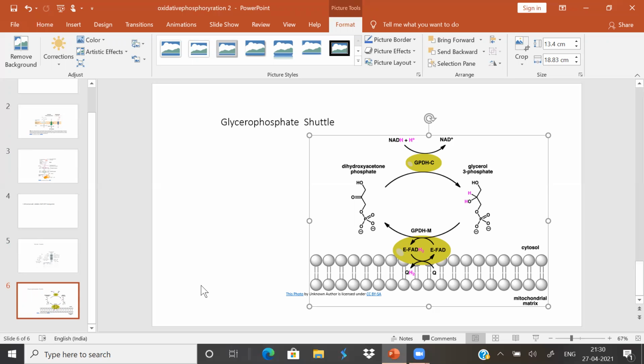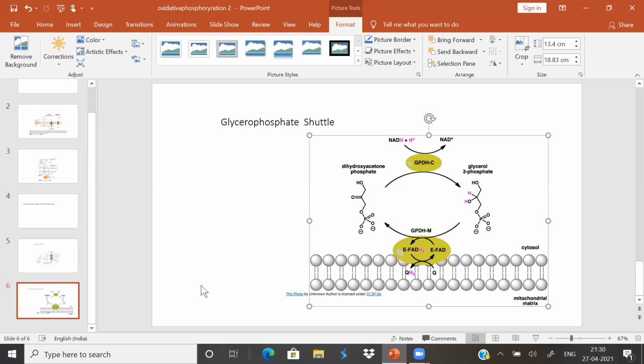In the proton motive force, we have discussed that for transport of 4 electrons per cycle, 4 protons will be translocated at complex 1, 4 protons at complex 3, and 2 protons at complex 4.